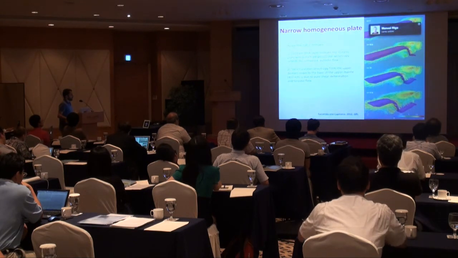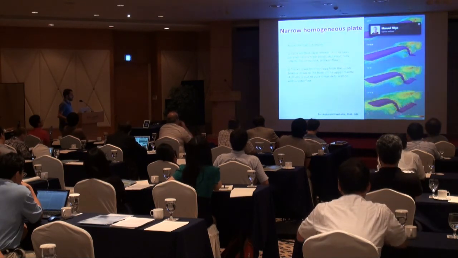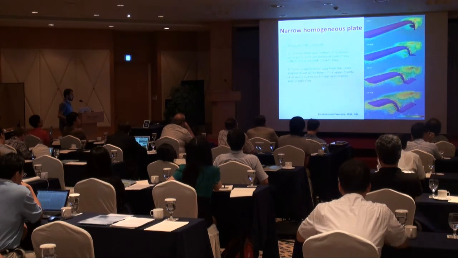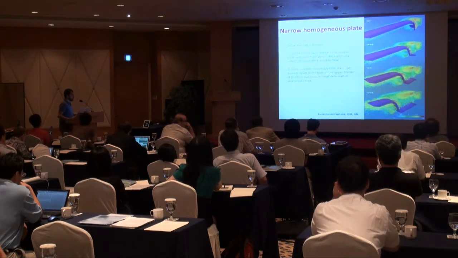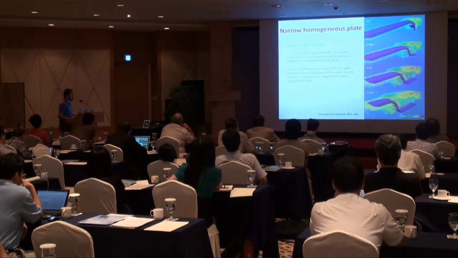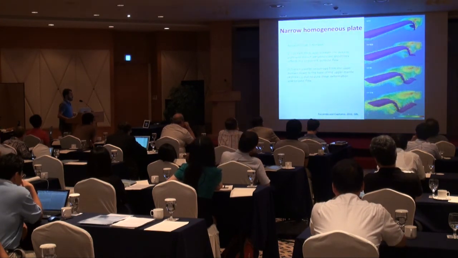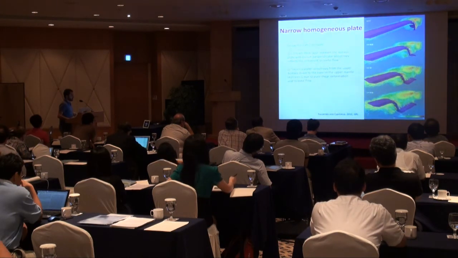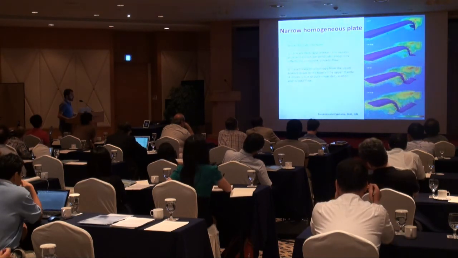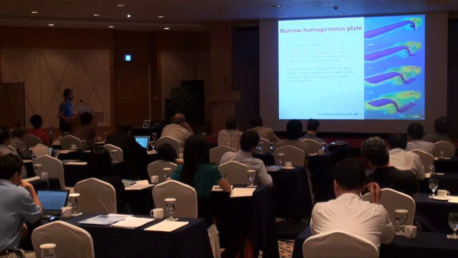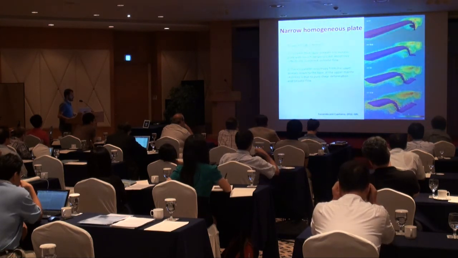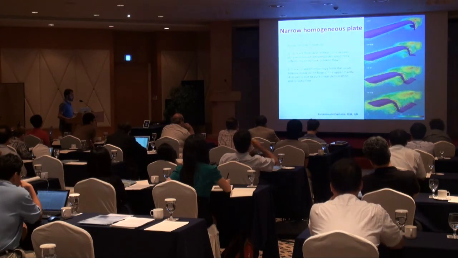And what you can see here is that below the slab you get two anisotropy domains, one with the trench perpendicular anisotropy that is due to the entrained flow below the slab, and below this domain there is a region that goes from 200 to 400 kilometers with the trench parallel anisotropy, with a strong anisotropic core here that goes up to 8-9% anisotropy.